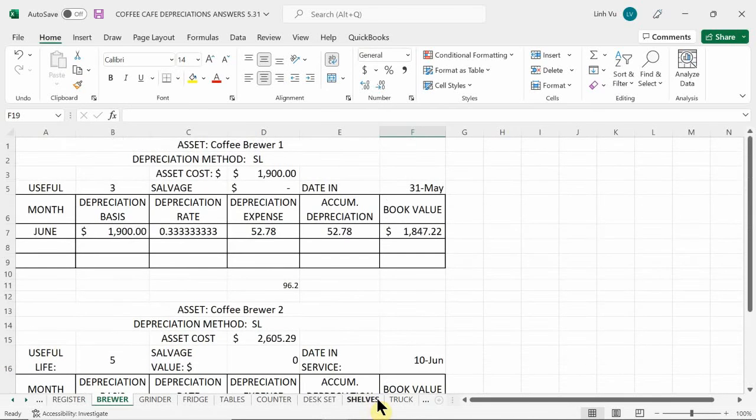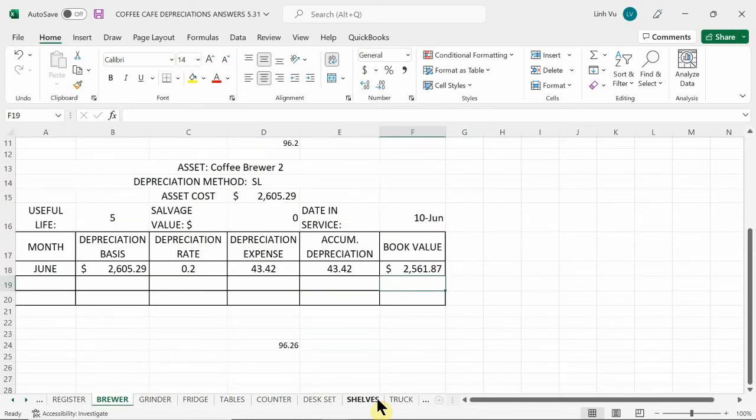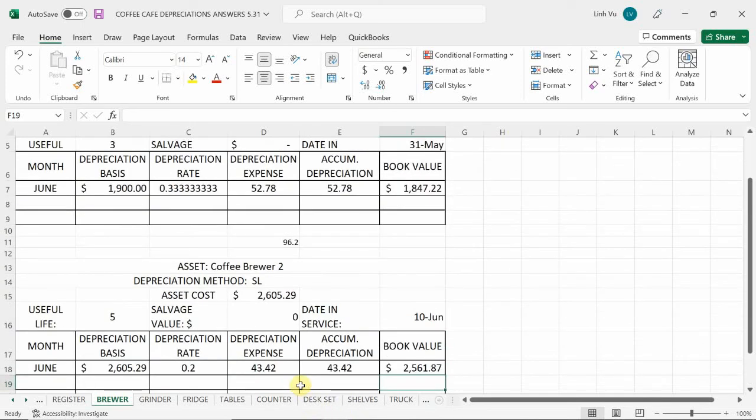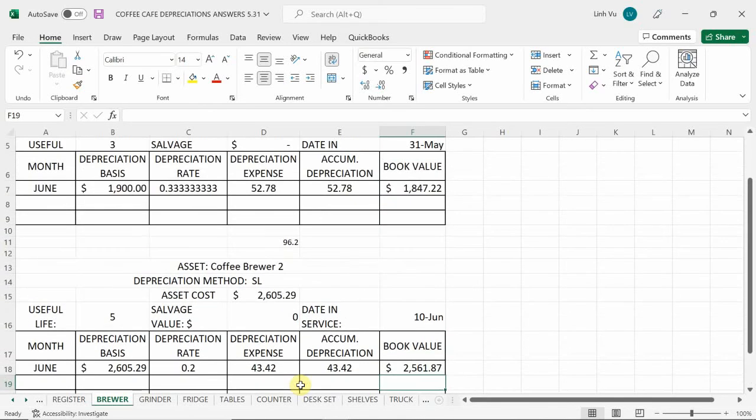Now, does it tell me that I need to depreciate them and compile them separately, or are they together? Well, for the general ledger, they are in one account, so we can put them together. So how much is 52.78 plus $43.42? $96.20.